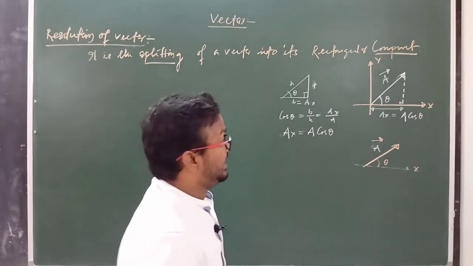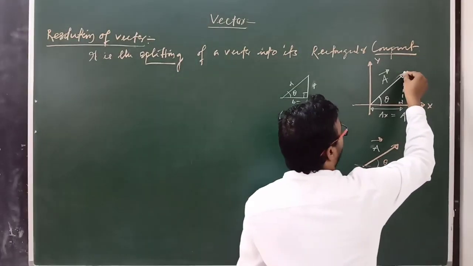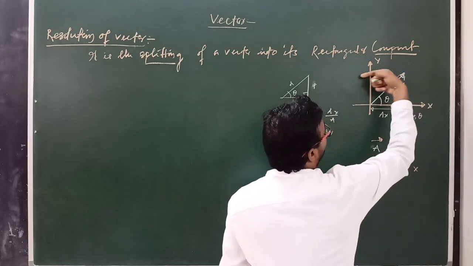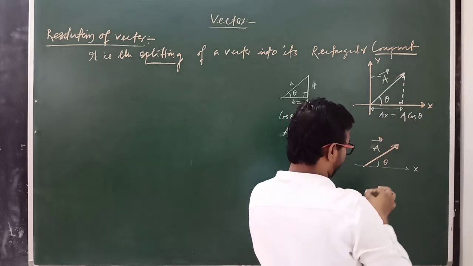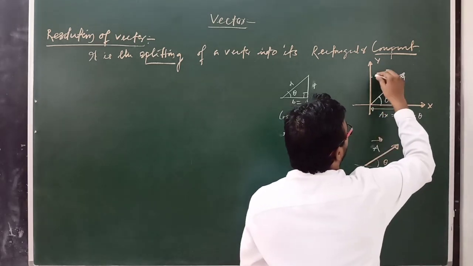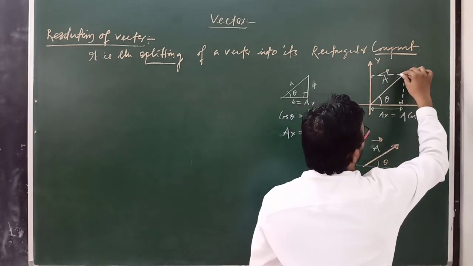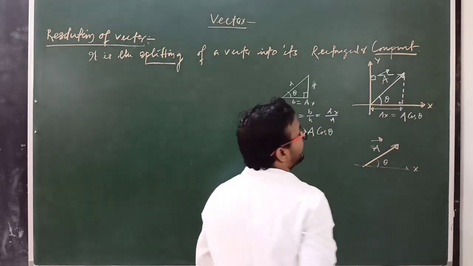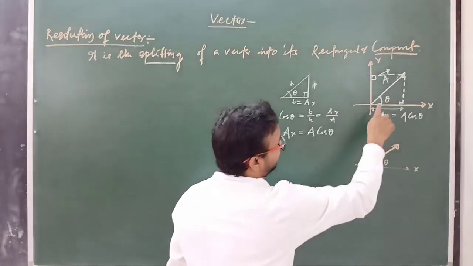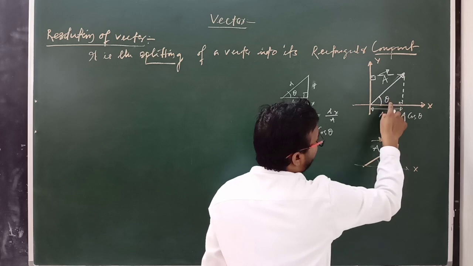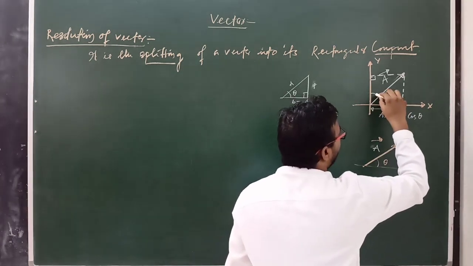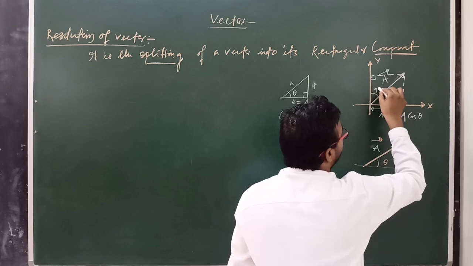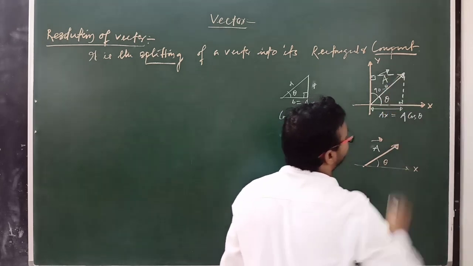Clear? Again, now you have to draw a perpendicular from this point along the y axis. This is another perpendicular here, and this angle is also 90. If this angle is theta, because the total angle is 90, then this angle will be 90 minus theta.